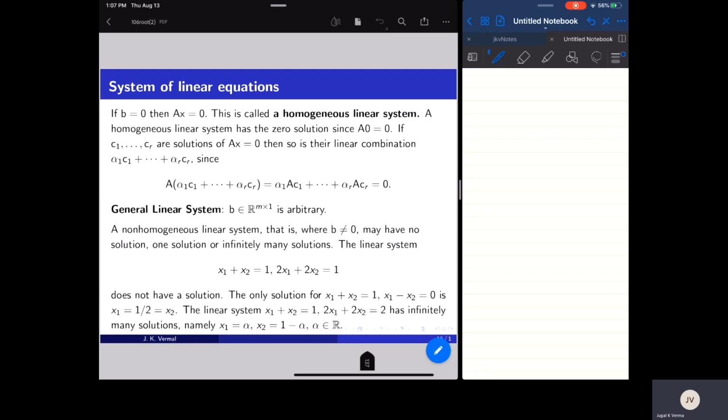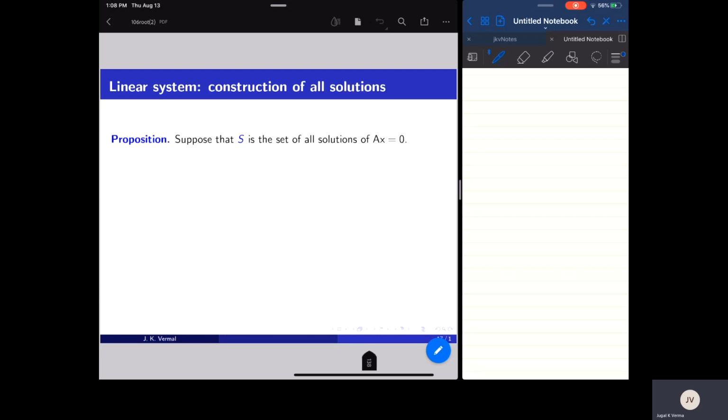So just this simple case of two unknowns and two linear equations tells us three possibilities for solutions: no solution, one solution, or infinitely many solutions. There are no other cases. We will soon prove this fact for an arbitrary system of linear equations.